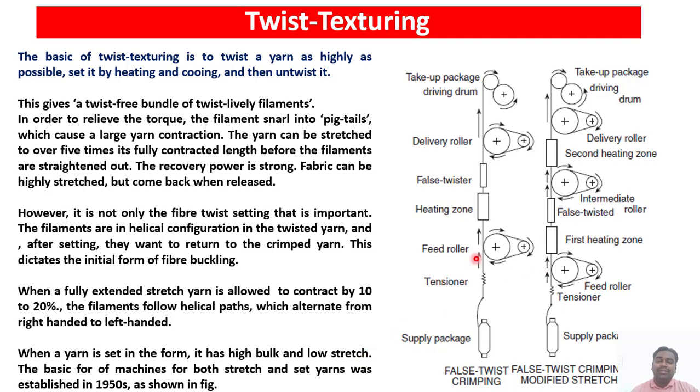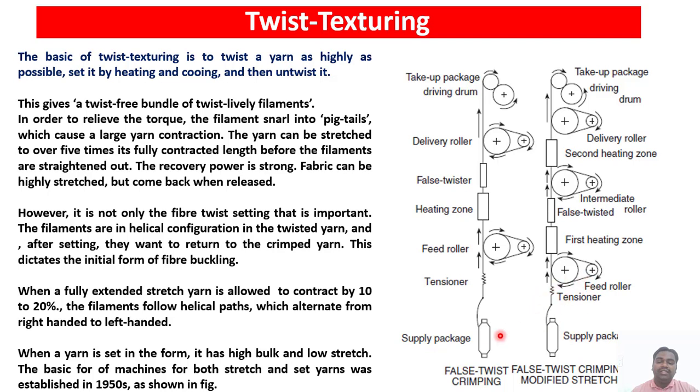So the basics of these machines for both stretch and set yarns were established in the 1950s, which are shown here. Here you can see that the first one is false twist crimping, and the second one is false twist crimping with modified stretch systems. So what is the basic difference?